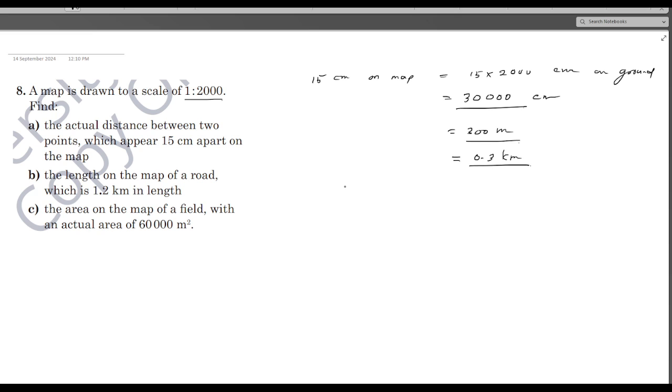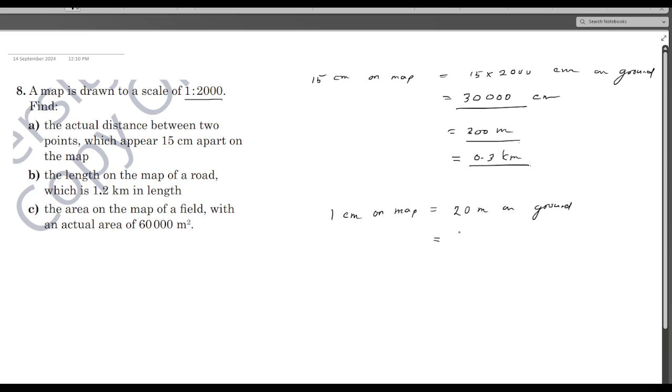Okay, so your 1 centimeter on map is 20 meter on ground. Okay, 1 centimeter on map is 20 meter on ground. If I divide by 1000, it is 0.02 kilometer on ground.